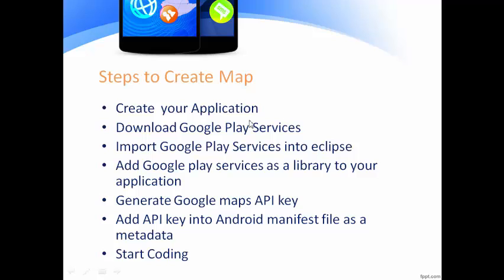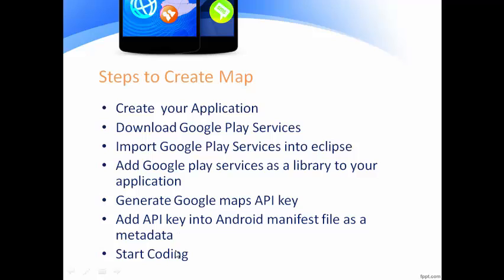Then after that you have to generate the Google Maps API key. Remember, the API key is specific to every application. You have to generate your Google Maps API key. I will show how to generate that. Without this API key you can't display maps on your application, so it is very much needed.